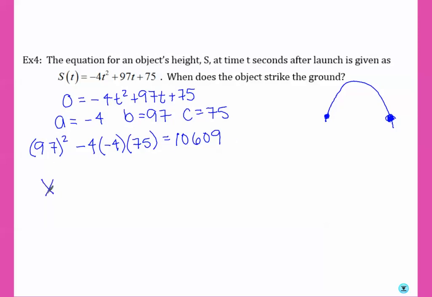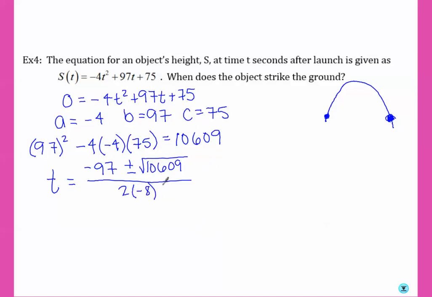So x equals, actually, since we're given t in our equation, we're going to use t equals negative b plus or minus the square root of our discriminant, all divided by 2 times a.